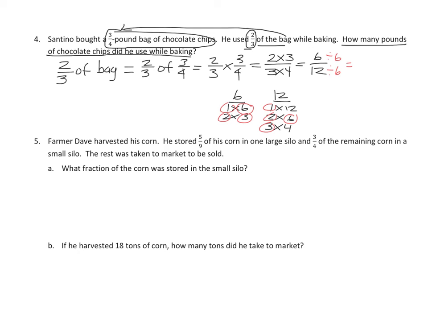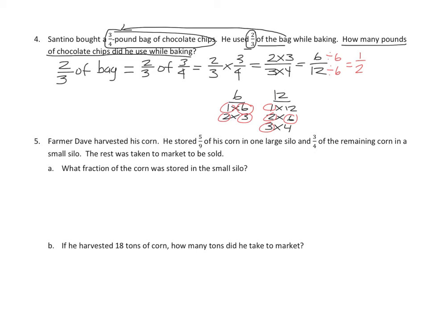And so 6 is the number we're going to use to divide the numerator and the denominator by. 6 divided by 6 is 1, and 12 divided by 6 is 2. So he used 1/2 of a pound of chocolate chips while baking.